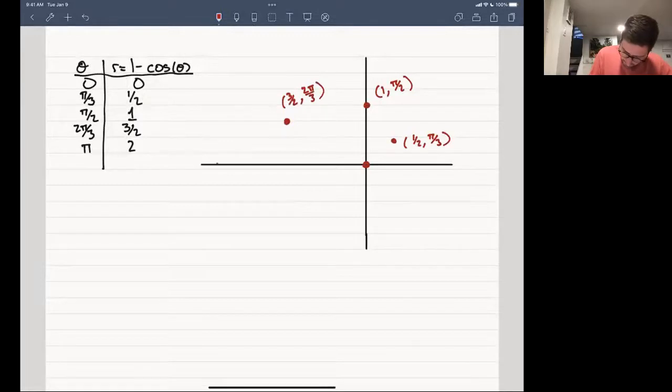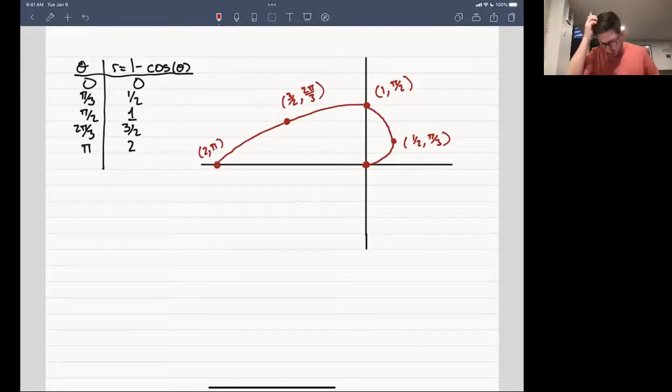And then finally, you're at a distance of 2 and an angle of pi. Now, this is going to be a very rough sketch, but this should be a little bit more of a spiral shape coming in. So it's not my best. I apologize to everyone for that. But similarly, on the bottom half of this, we should have the same thing.